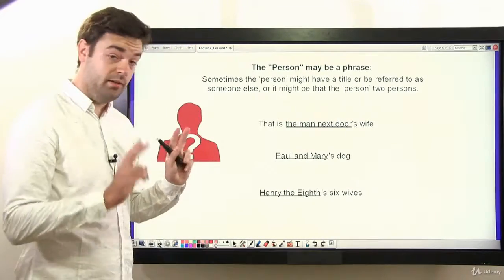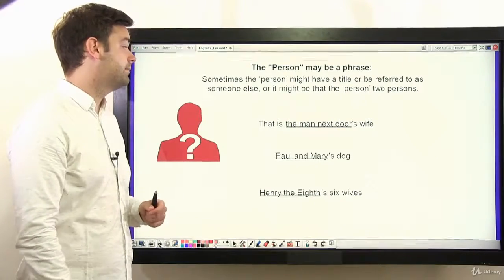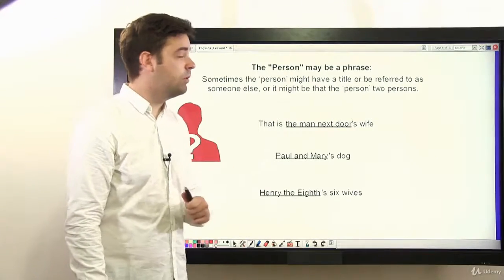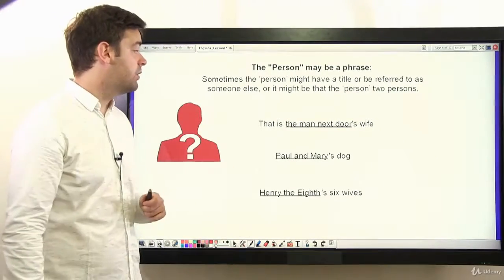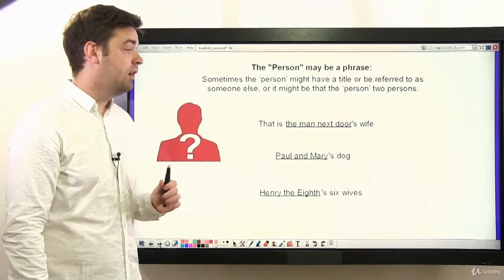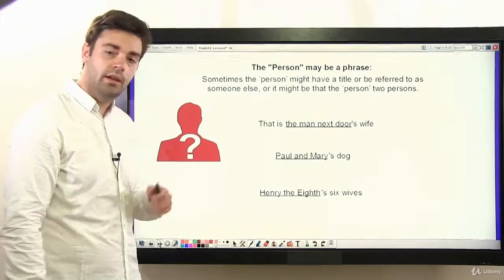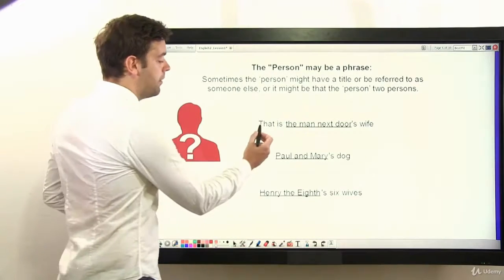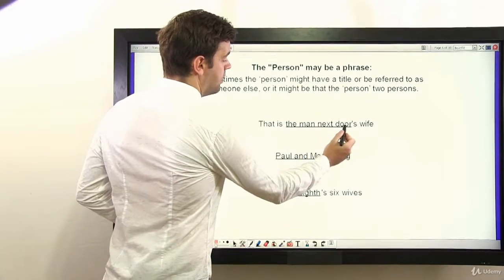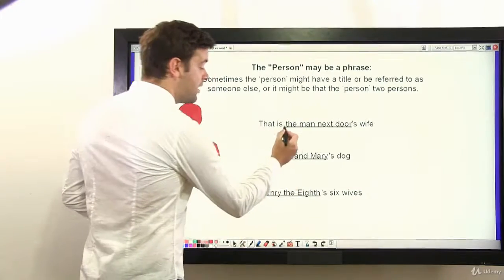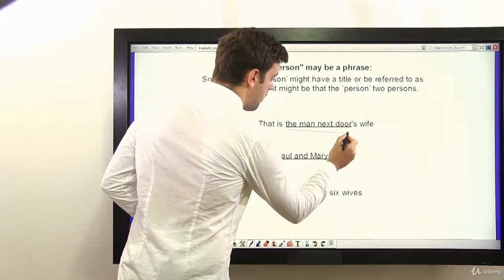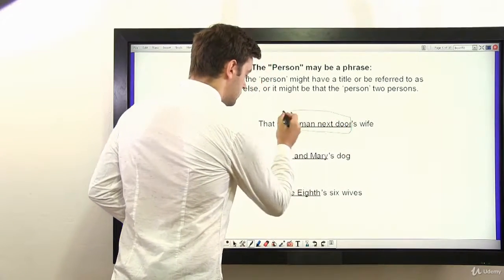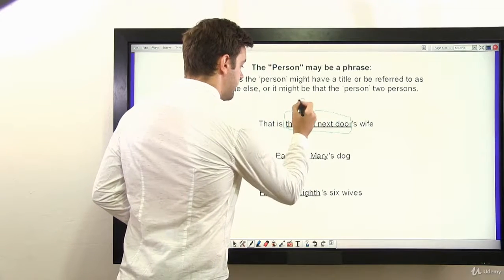Sometimes the person may be a phrase, and it might have a title or be referred to as someone else. Or it might be that the person is two persons. So let's see what happens if these are the case. So that is the man next door's wife. So this whole part here is the person.